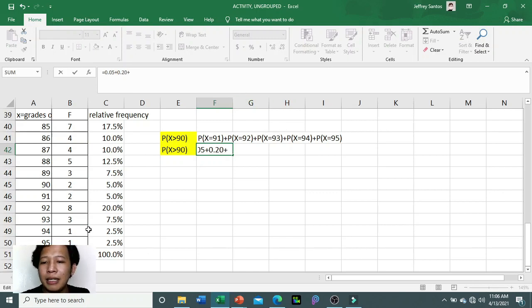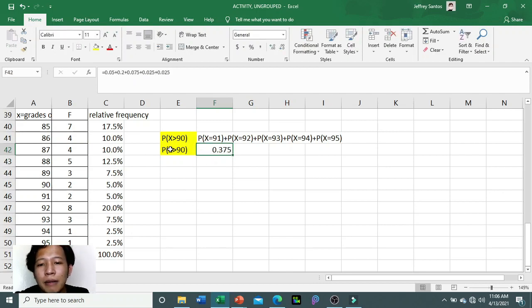That would be 7.5 or 0.075. And then, probability of getting 94, that's 2.5% or 0.025 plus another 0.025.